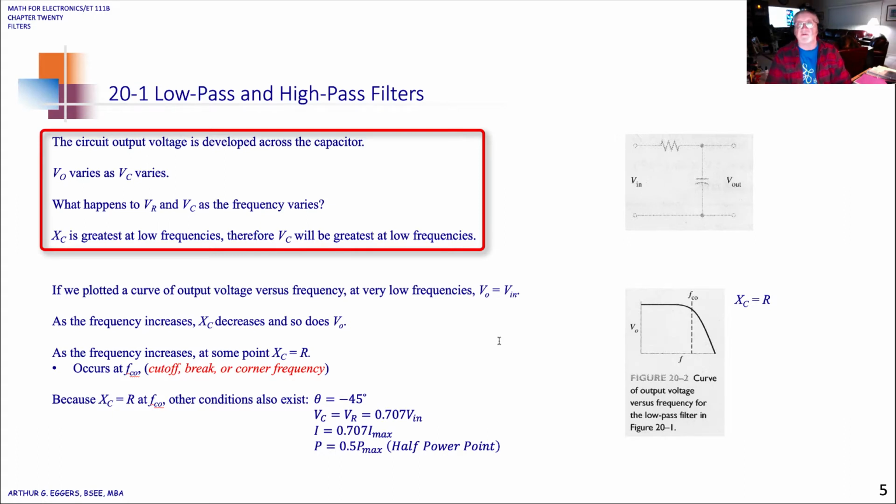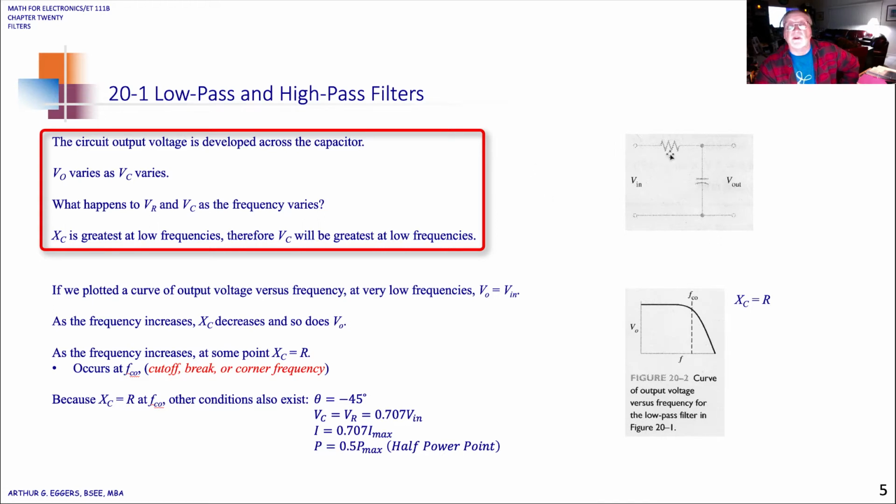Resistors are not frequency dependent. So as the frequency changes, that capacitor is going to start reacting differently. And how does it do it? Well, it does it by acting like a resistor and changing the amount of resistance, the reactance, through that capacitor. So we have the output voltage varying as the capacitor voltage varies.